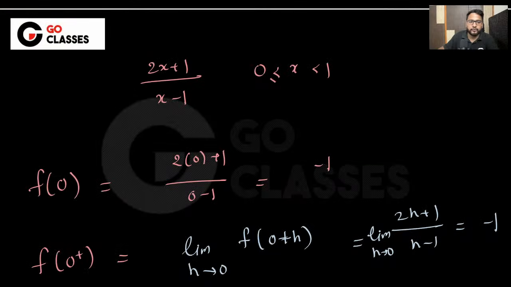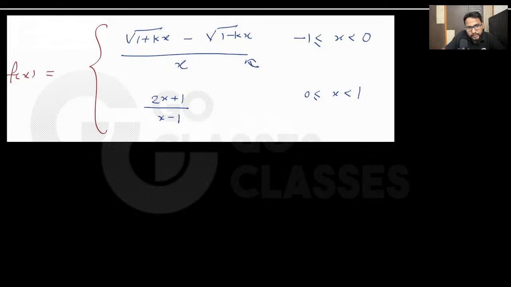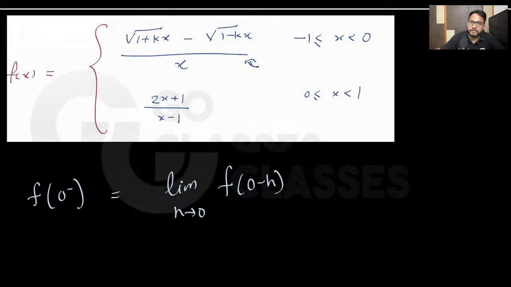Just before 0, which means f of 0 minus, I'm talking about the limit h tends to 0 of f of 0 minus h. You put 0 minus h, which means minus h.